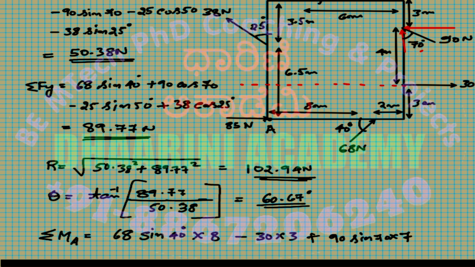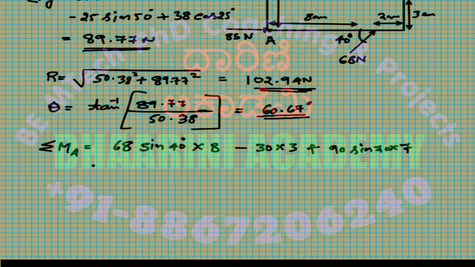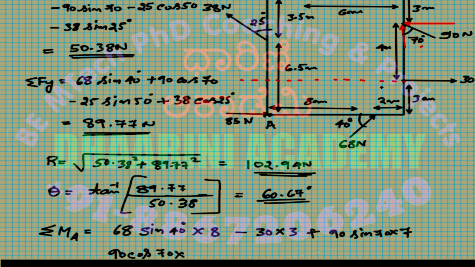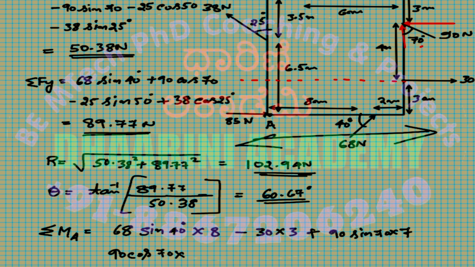All right, let's write the other component. The next component is 90 into cos 70. You see the shortest distance is the complete horizontal distance because the force is acting over here. So the distance should be this one, 8 plus 2, totally 10 meters.